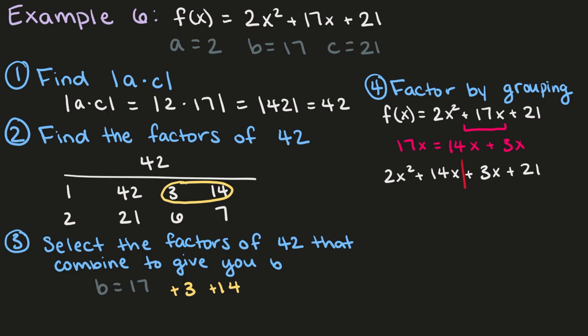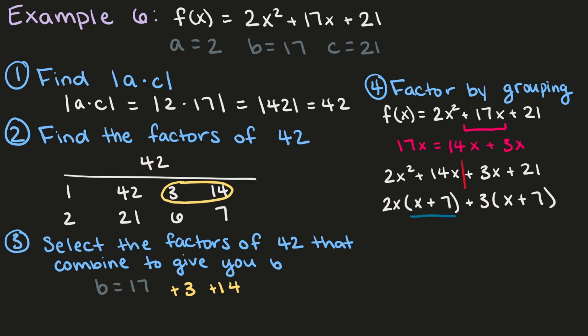We'll separate this so we're dealing with two terms at a time. In our first grouping, 2x squared plus 14x, we can factor out a 2x. So we get 2x times x plus 7. In our second grouping, 3x plus 21, we can factor out a 3. So we're left with x plus 7.